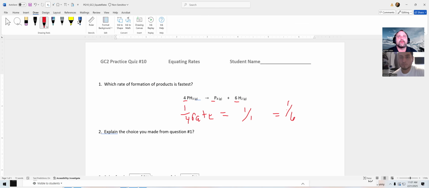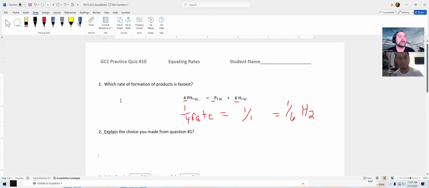So this rate is equal to 1/6 of that rate. In other words, the H2 reaction, that part is forming 6 times faster. And so when they want us to explain that choice, we refer back to the coefficients.